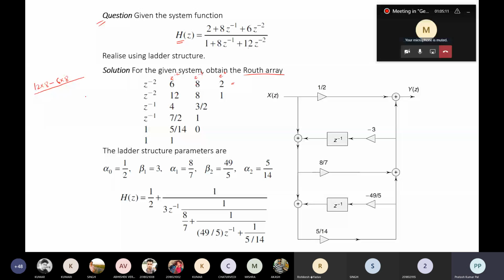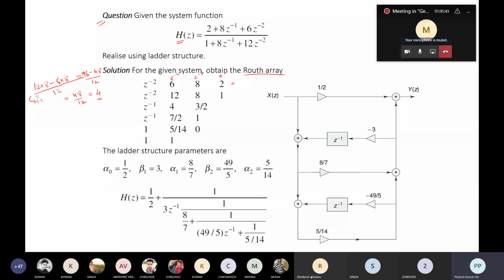So after solving, it is 96 minus 48 divided by 12, which is 48 divided by 12. This comes out to be 4. So this is your C n minus 1.